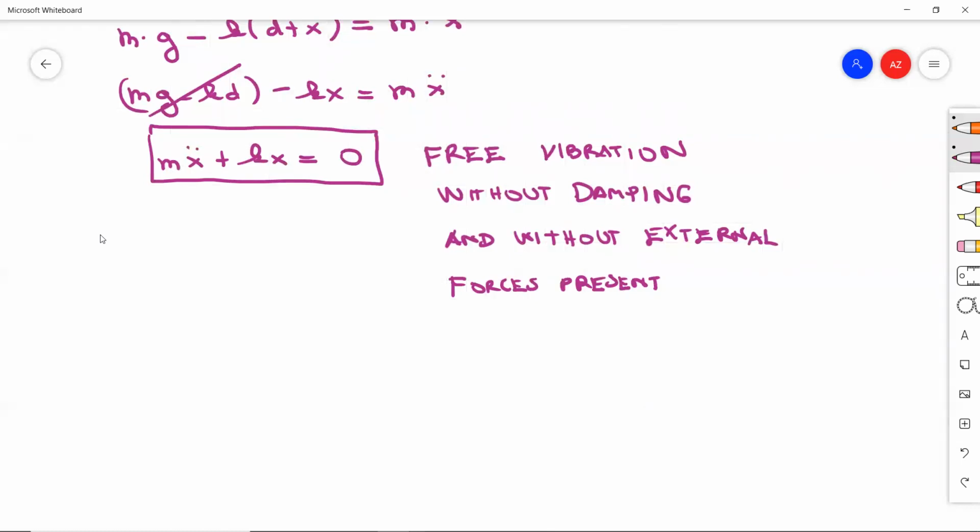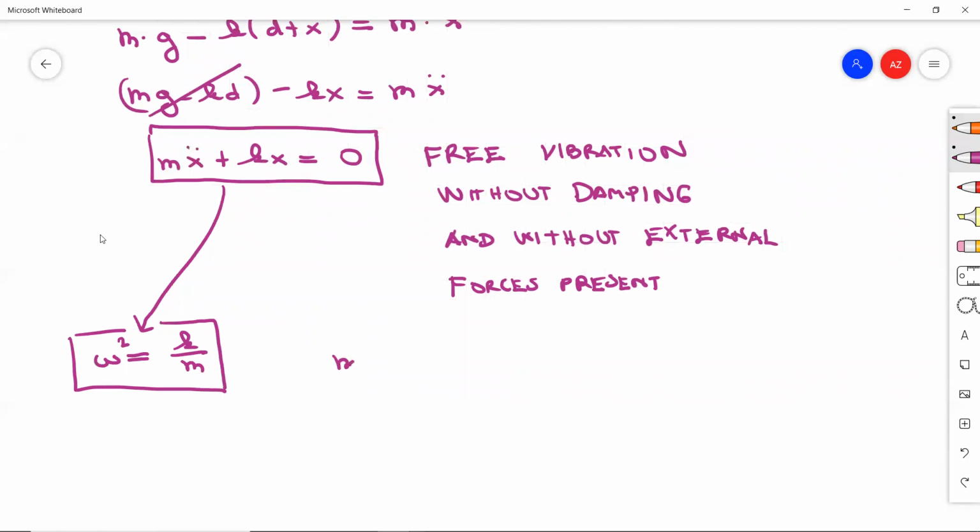To confirm this is true, we only need to solve this differential equation. So let's introduce omega. Probably you know from physics, omega squared is k over m. It is just some new constant, obtained by dividing this equation.